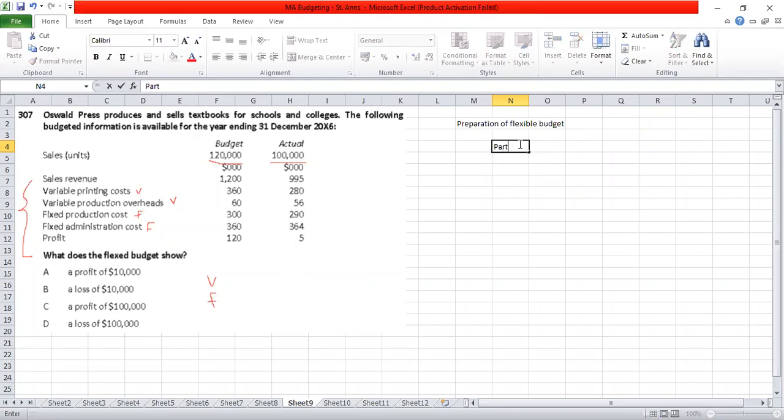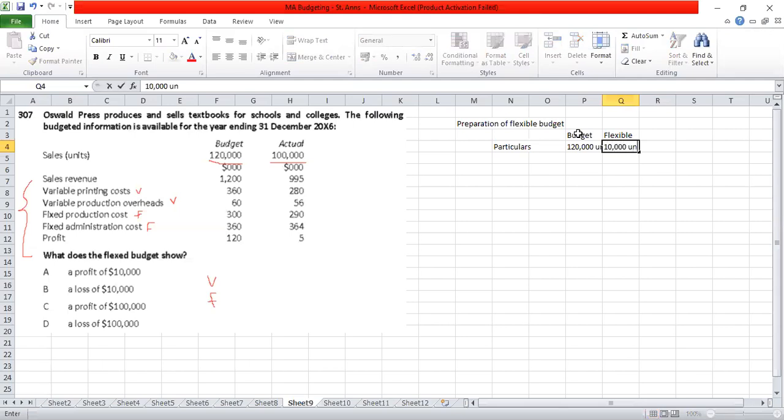Let's write particulars. For the sake of having that information, let's put it as 120,000 units. This is the budget. Then we have the flexible budget. Now they have to adjust it for how many units? 100,000 units. Why?